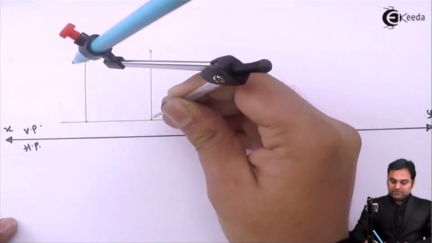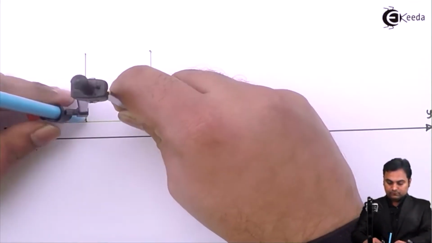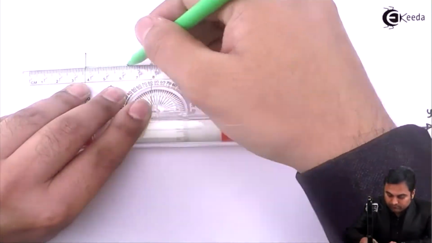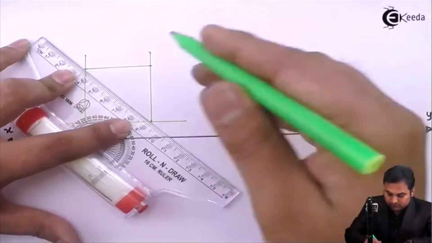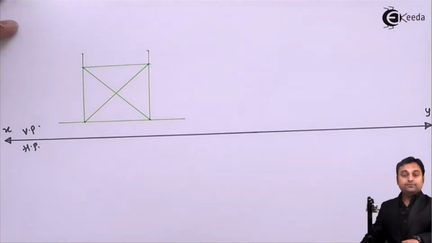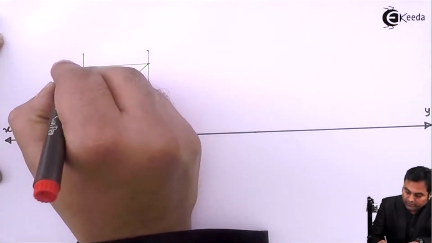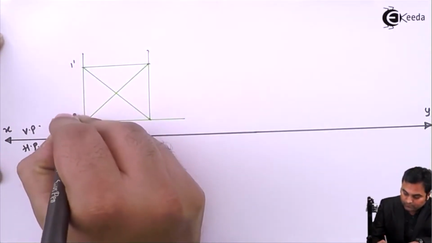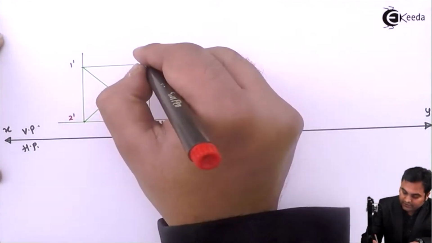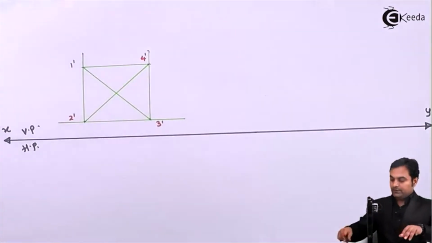40 mm is the side of the square. I'll mark the rotations here. So 1 dash, 2 dash, 3 dash and 4 dash.